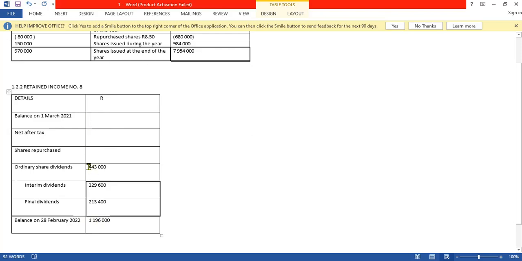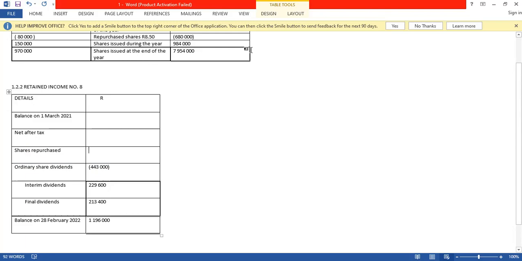For this one, I didn't tell you, we're going to include it in brackets because we are going to subtract it when we do our calculations. Now we have to calculate our shares repurchased.